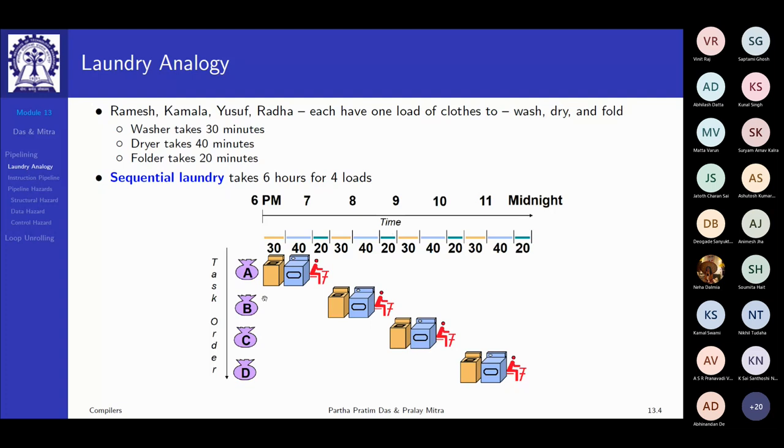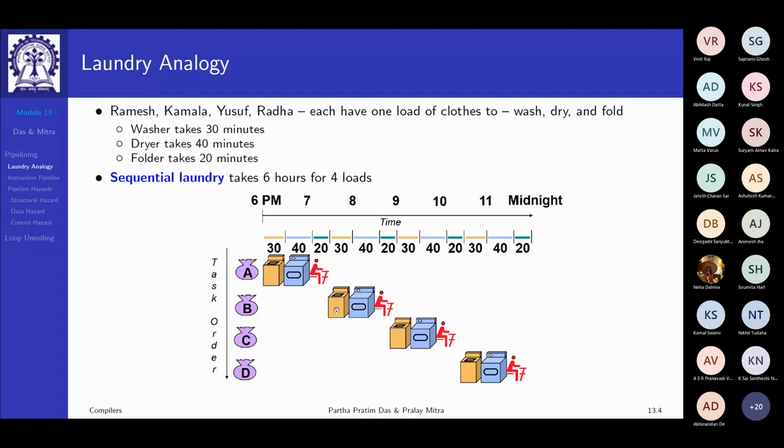Now, what we observe is, for the first person, when they are done with the washing and are using the dryer, the washing machine is actually free. So the second person need not wait till the first person has finished folding.